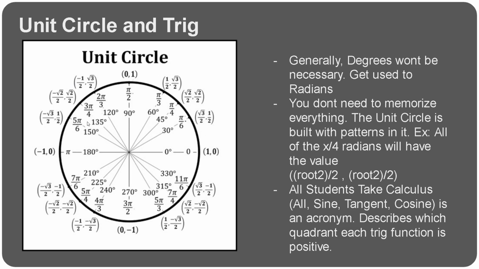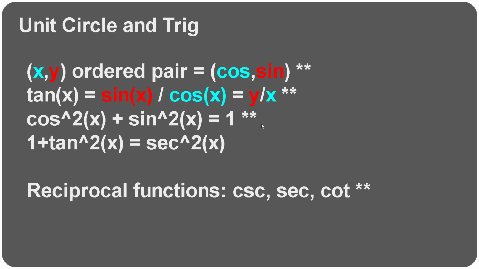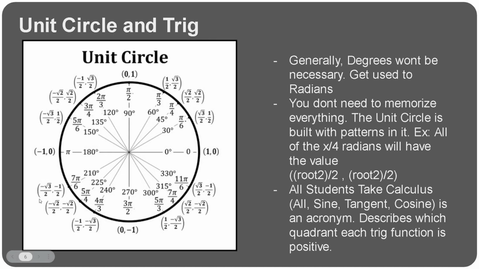Only sine is positive in the second quadrant. In the third quadrant, tangent is positive because tangent, once again, is defined as y over x. In the third quadrant, everything is negative. So when you divide two negative numbers, you get a positive number. So that's why tangent is positive there. And then cosine is positive in the fourth quadrant, right down here.